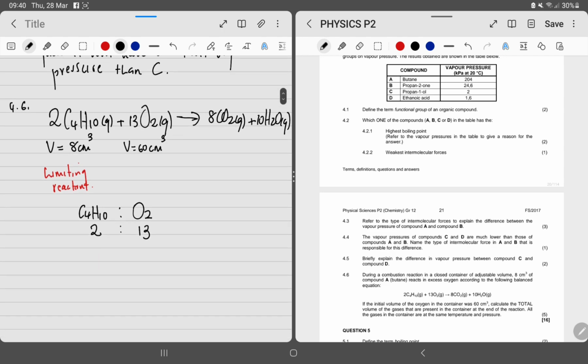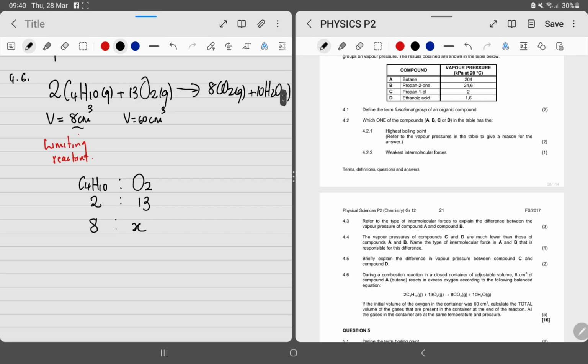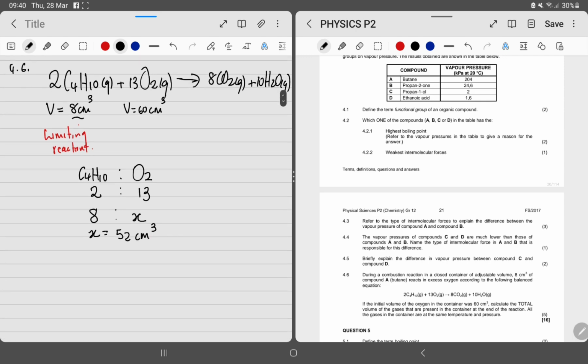We know that the volume of the butane is going to react completely with a certain volume of the oxygen. We want to know what that volume is. And then 8 times 13 divided by 2. So I am getting 52 cubic centimeters. So it means that I need 52 cubic centimeters of the oxygen in order to deplete the butane.